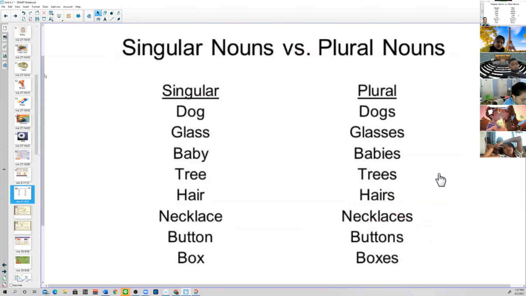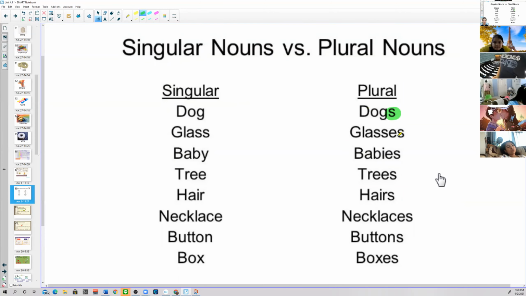Here are singular nouns and plural nouns. That's how we know that if dog is singular, you just add an S behind the noun, and then you know that it's plural.